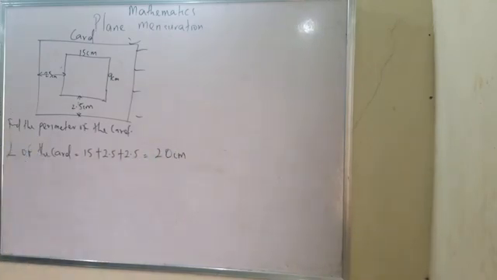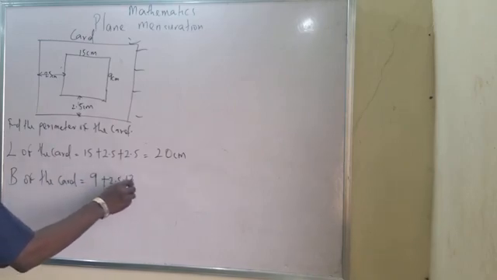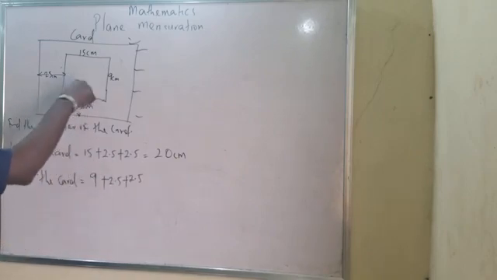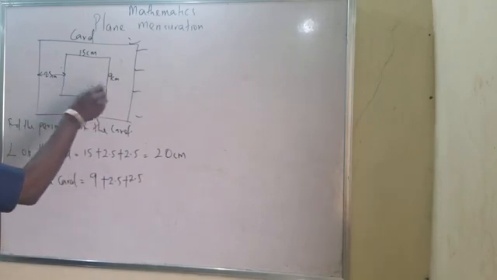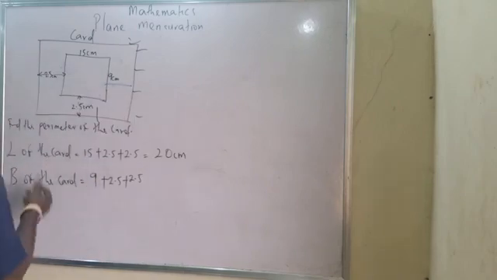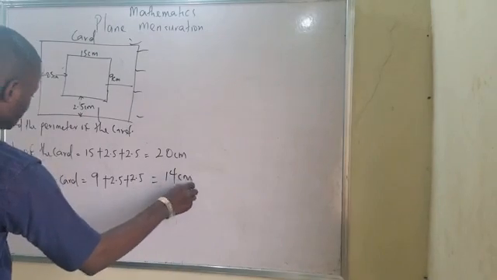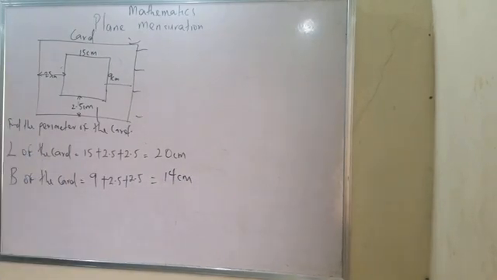Now I also move on to the breadth of the card, which will be equals to 9 plus 2.5 plus 2.5. It means what is going on here also goes on there, because it's round, which is going to be 2.5. That will be 5 plus that, which is going to be 14 centimeter.